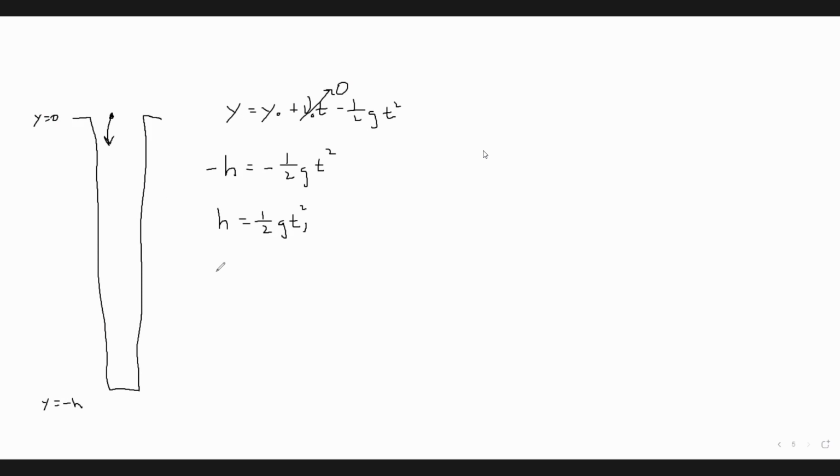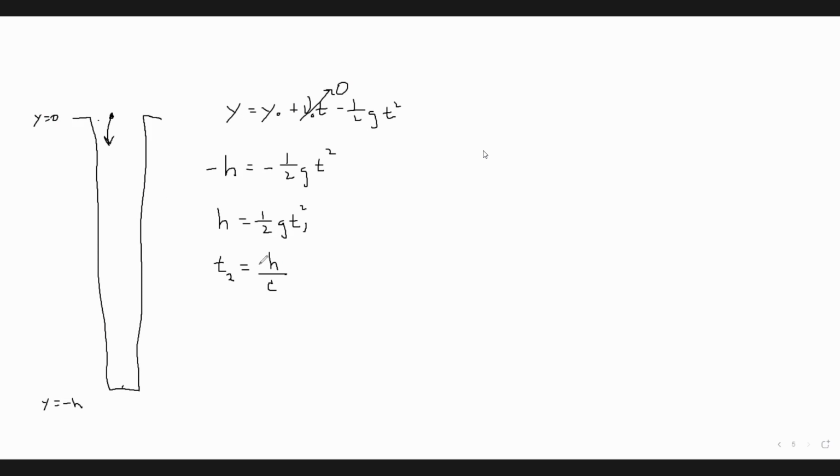And let's let T2 be the time it takes from the splash for the sound to reach our ears. So T2 is equal to the depth divided by the speed of sound, which I'm going to call c. Now, c is usually used for the speed of light, but acousticians use it for the speed of sound. So we'll use it for the speed of sound as well.